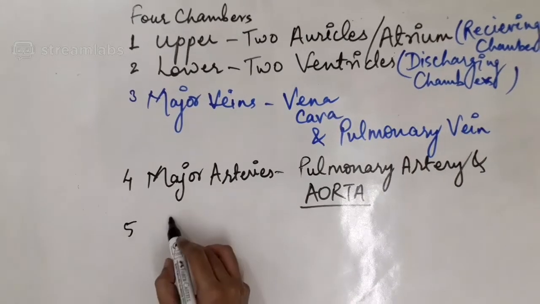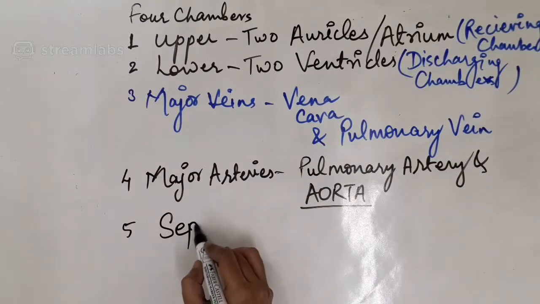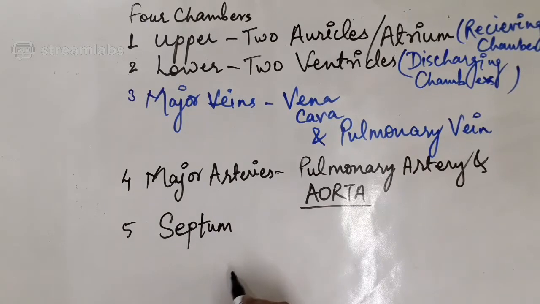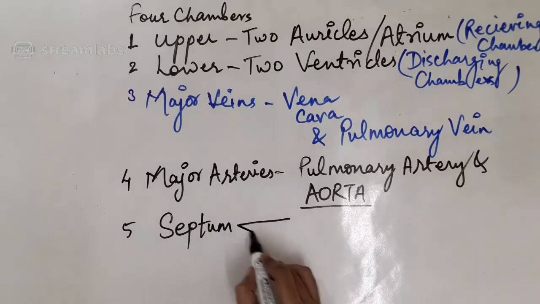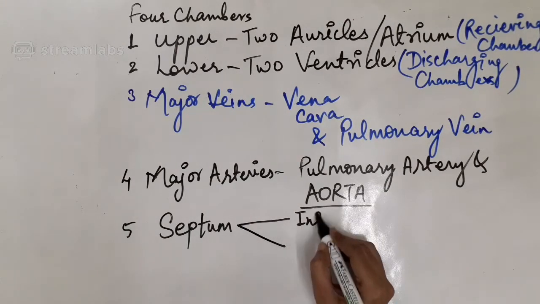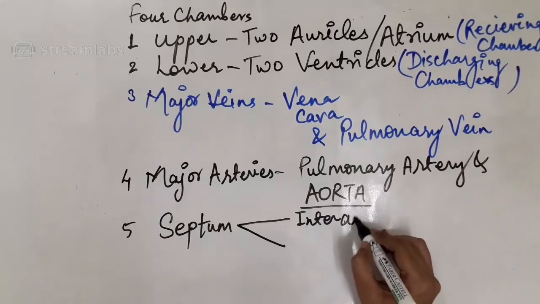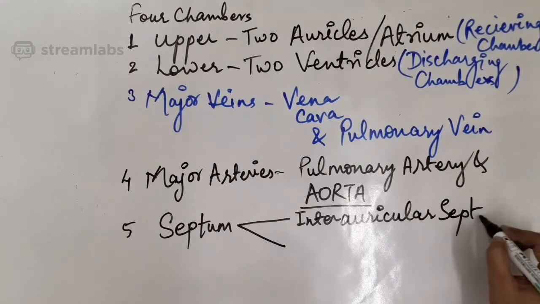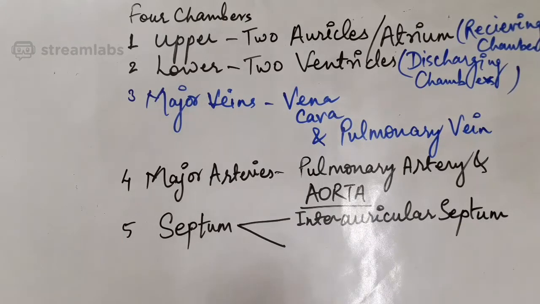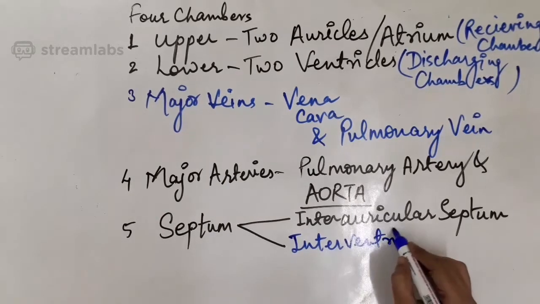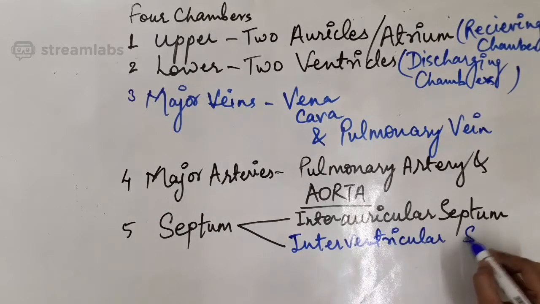We discussed about the muscular wall present between the two sides of the heart known as septum, and septum is of two types. Between the auricles it is known as auricular septum, and between the ventricles it is called the ventricular septum.